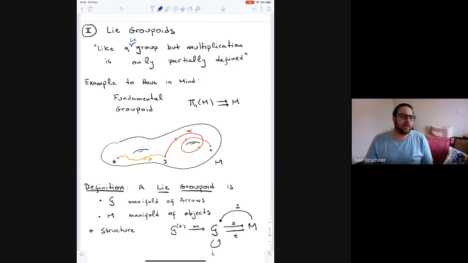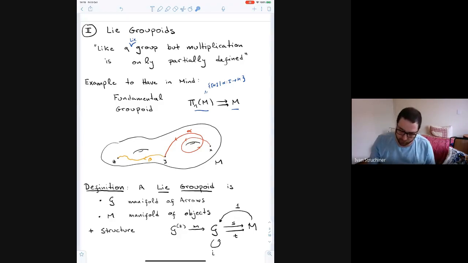So this is the motto, and maybe the example to have in mind is the fundamental groupoid of a manifold. And so this guy is composed of all homotopy classes of smooth paths in M, smooth homotopies of smooth paths in M. And if you have two of these paths, say an alpha and a beta, you can compose them as long as the endpoint of one path is the starting point of the next path.